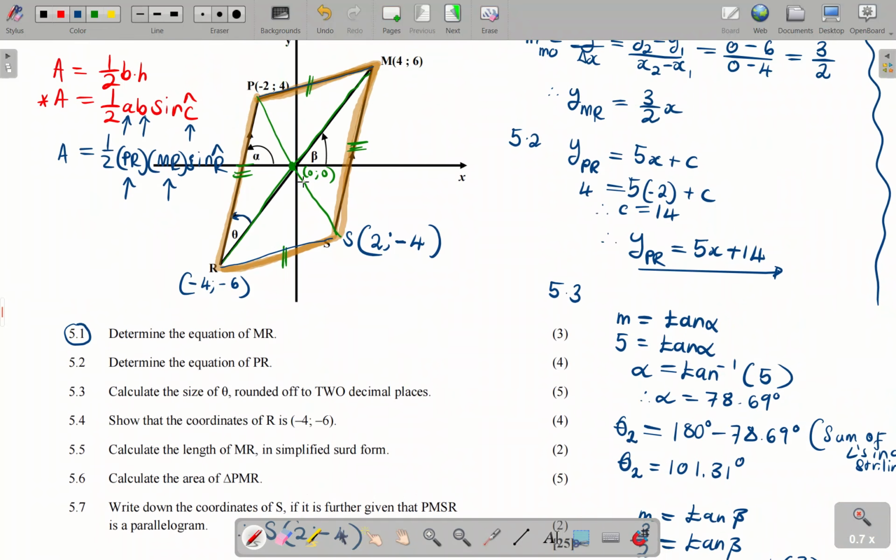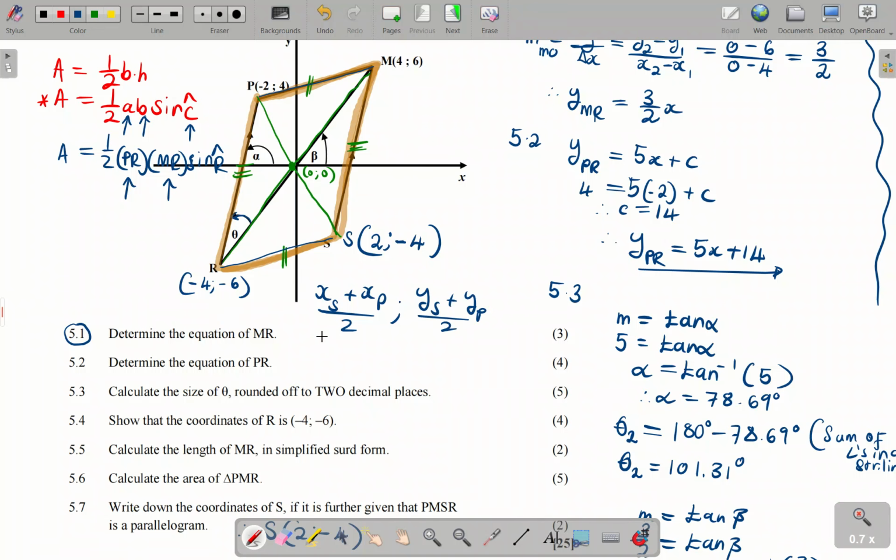Or you can use the midpoint formula. The midpoint formula is going to be xs plus xp all over 2, and then ys plus yp all over 2.